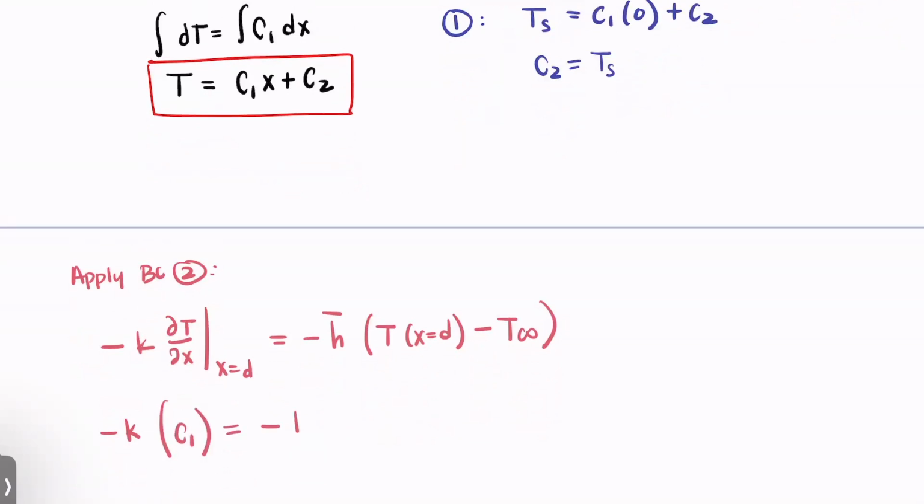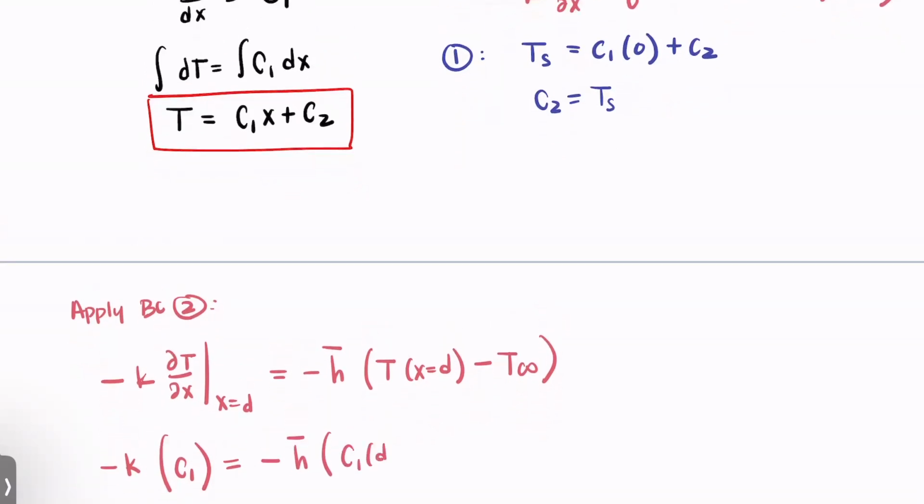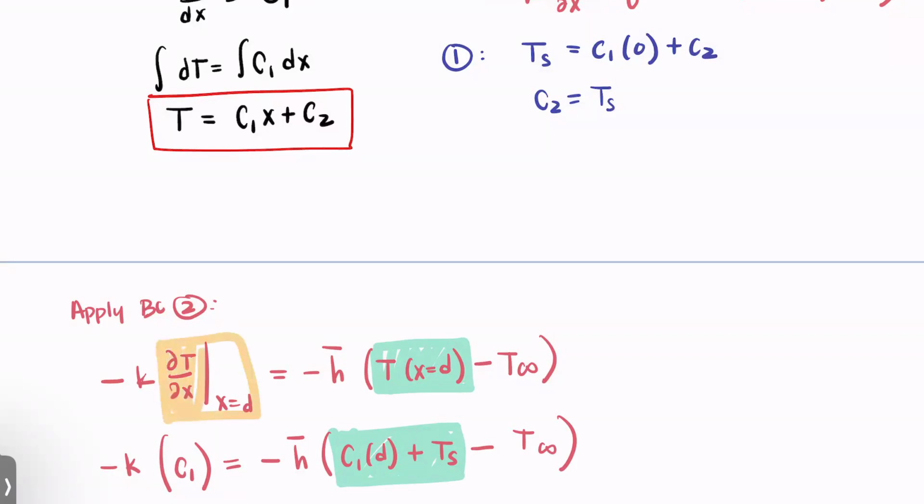And then we have minus h bar times T at x equals d. So I have C1 times d plus Ts, because that's what C2 is, minus T infinity. So let me just highlight a few things here. T at x equals d is this, and this is just C1. Is everybody with me so far?